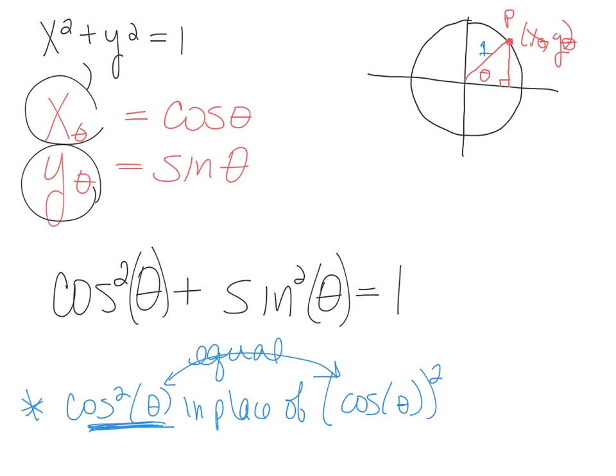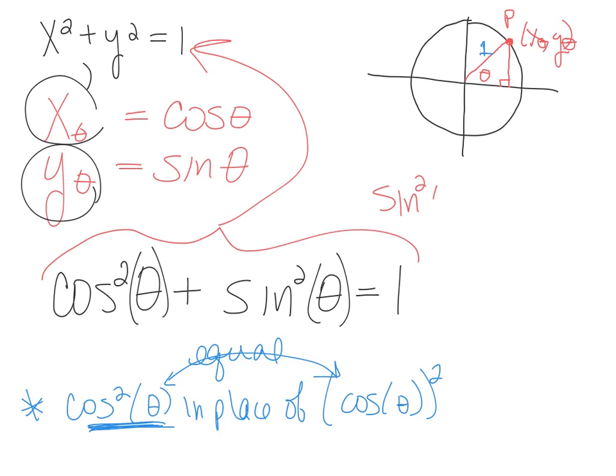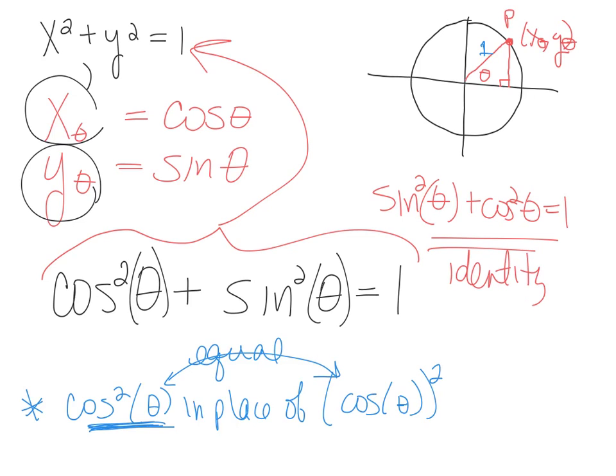In fact, another little aside, this is just what we have shown given our equation of a circle. But what you're normally going to see in most math textbooks is sine first. That's just what you're going to see. This right here is called an identity. So take a note.